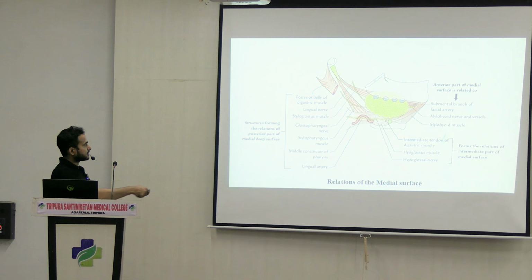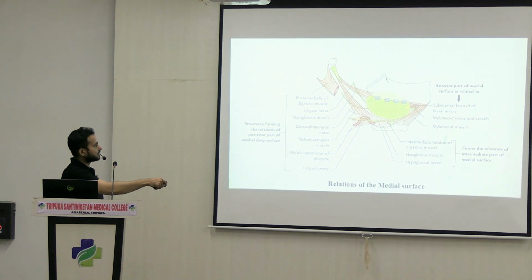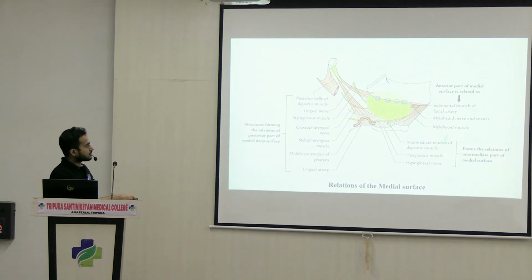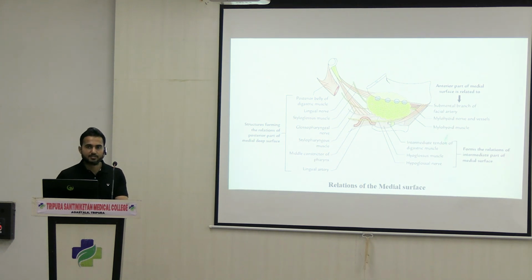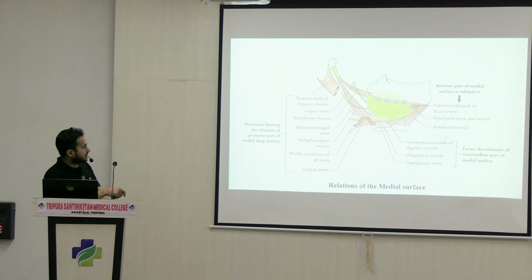Here you can see the structures which are situated anteriorly: the submental branch of the facial artery, then the mylohyoid nerve and vessels, and the mylohyoid muscle. These are situated on the anterior aspect of the medial surface. Next, in the intermediate part, you can see the intermediate tendon of the digastric muscle, the hyoglossus muscle and the hypoglossal nerve.